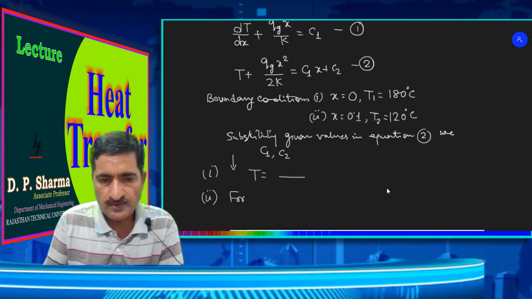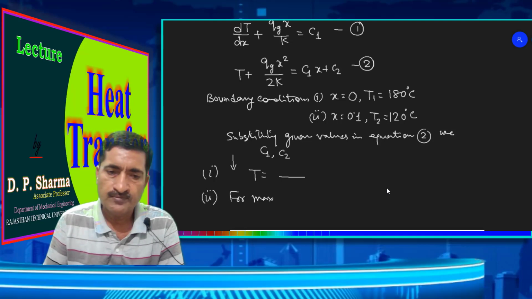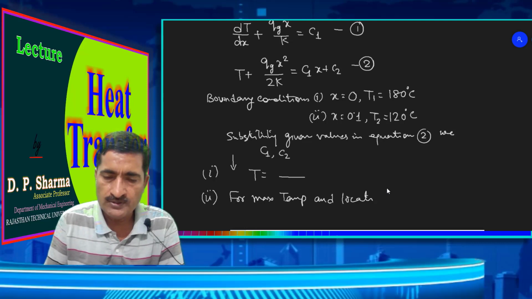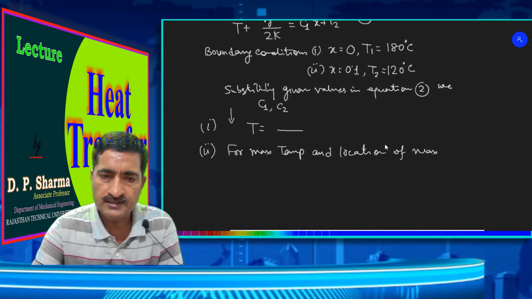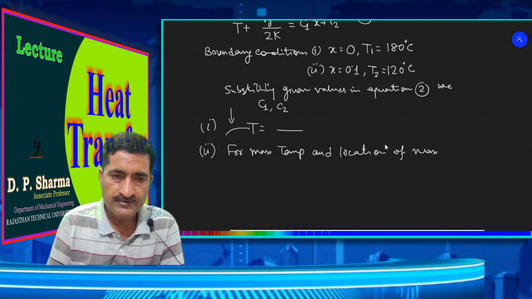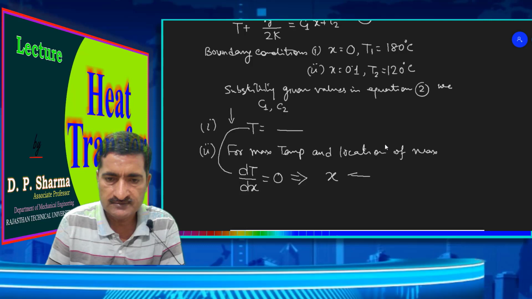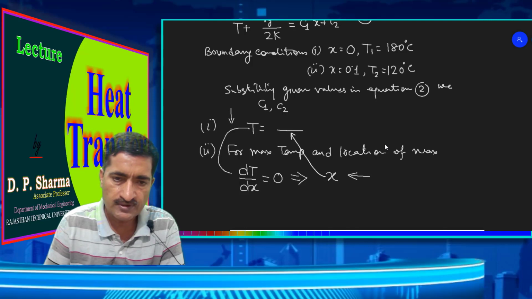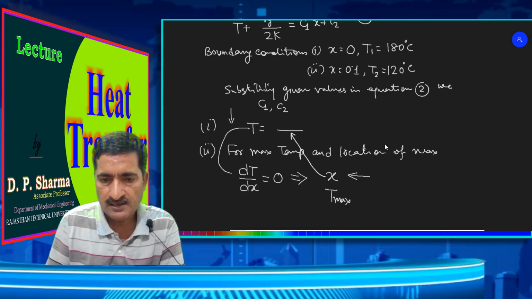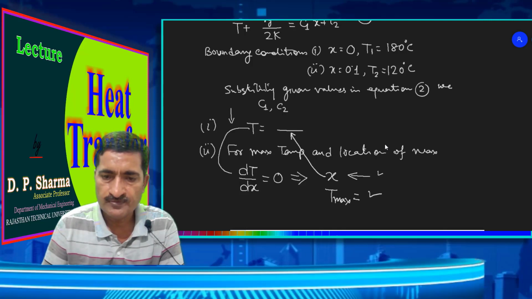To calculate maximum temperature and location of maximum temperature, differentiate this equation with respect to x, dT by dx equal to 0, you will get x, and put this value of x in the above equation, you will get T maximum. Clear?